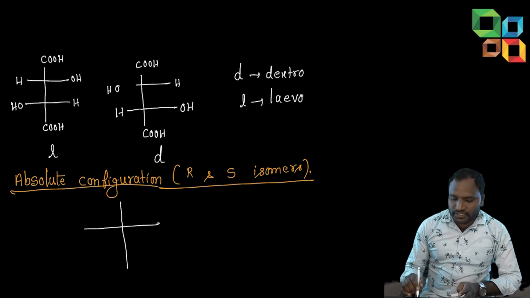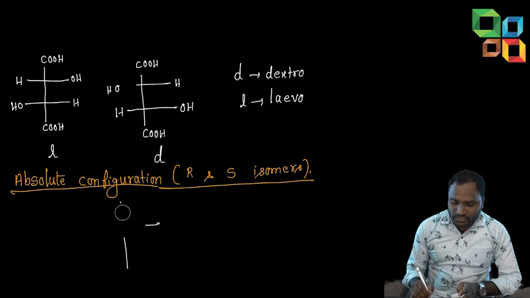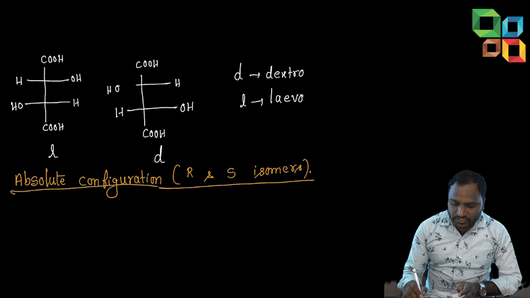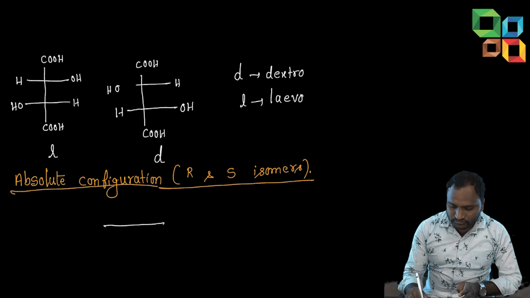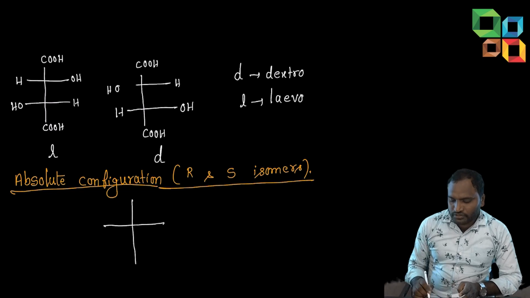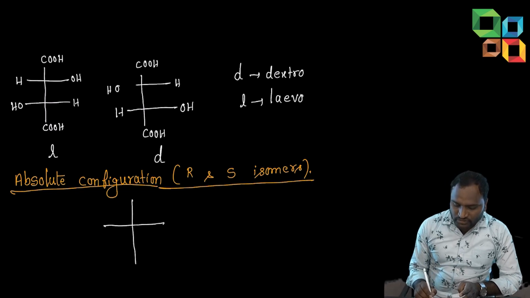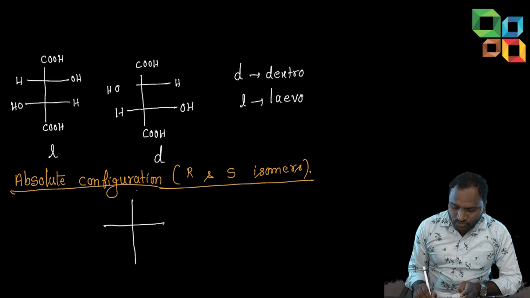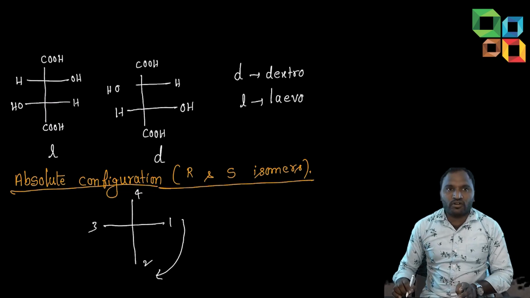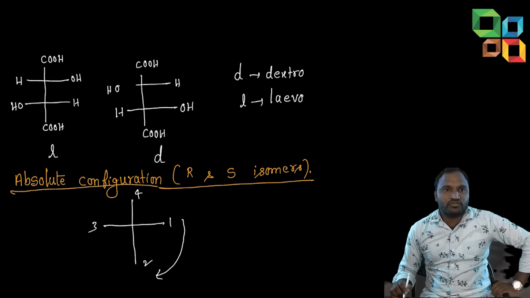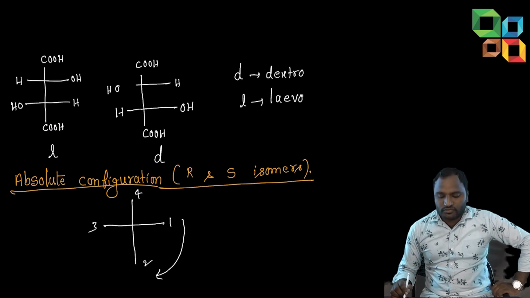There, for double bonded carbon atoms; here, single bonded sp3 hybridized carbon. See, students, suppose the fourth priority is here, then first priority, second priority. If you draw like this, is it clockwise or anti-clockwise direction, students? Clockwise.